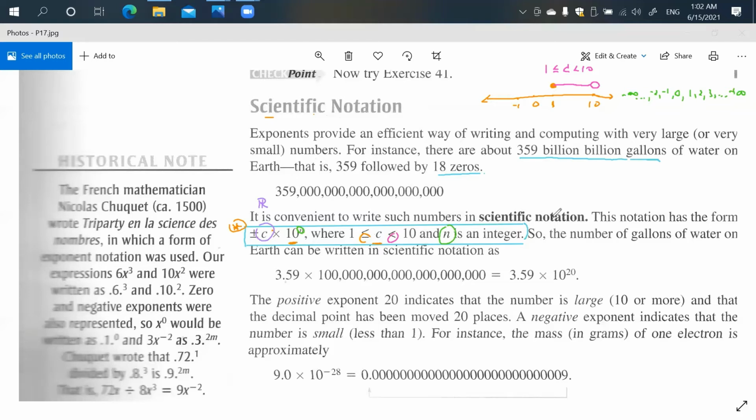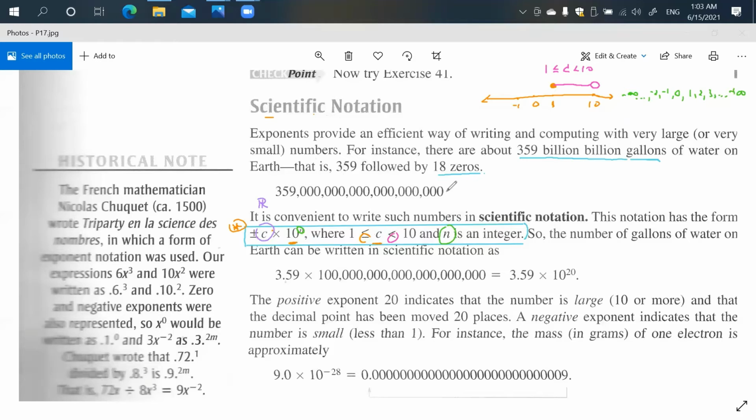So in this example, come back to the number 359 billion gallons of water on Earth. How are we going to write this in scientific notation?